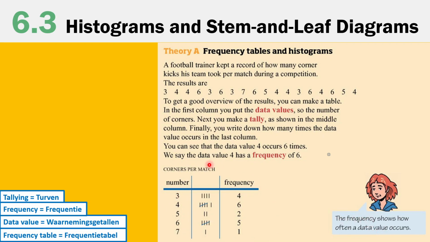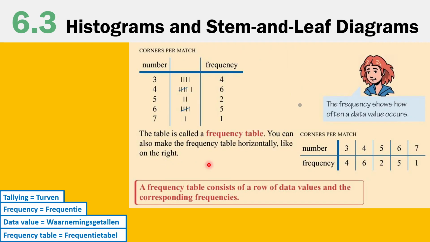This is a table that you can make, but oftentimes you will see those tables called frequency tables more in this form right here, where there is not a tally column, and instead of vertical like this, they're horizontal. So if you take a look at this, the number of corners 3, the frequency of that is 4.